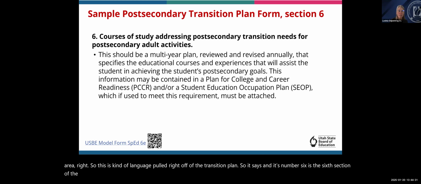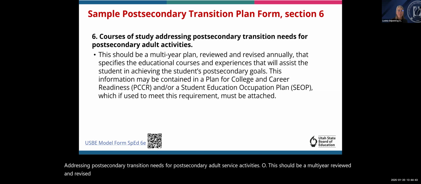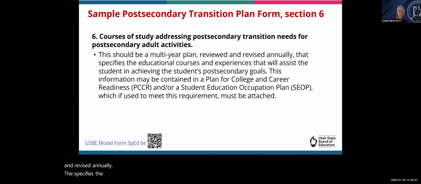It says courses of study addressing post-secondary transition needs for post-secondary adult service activities. So this should be a multi-year plan, reviewed and revised annually, that specifies the educational courses and experiences that will assist the student in achieving the student's post-secondary goals.